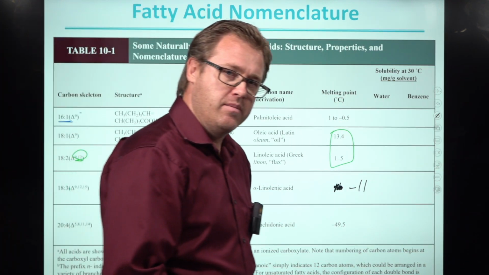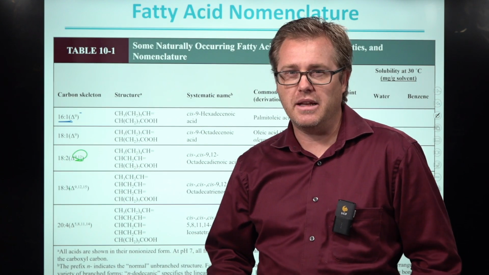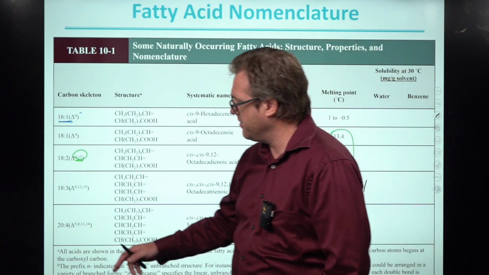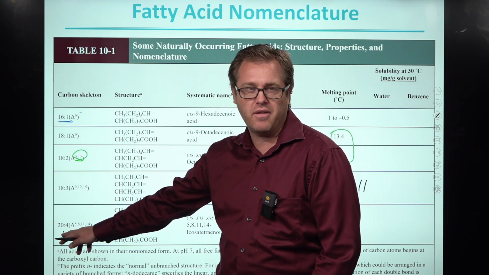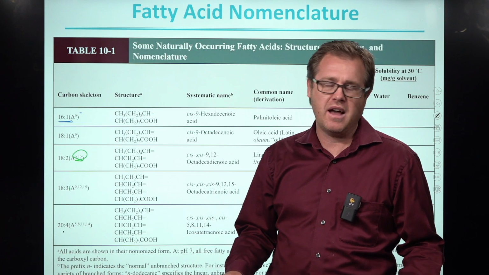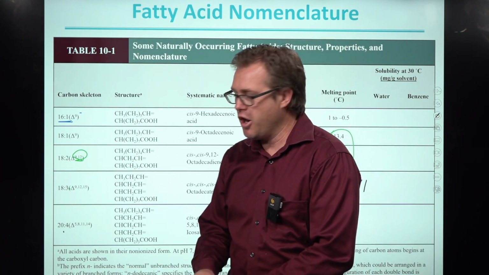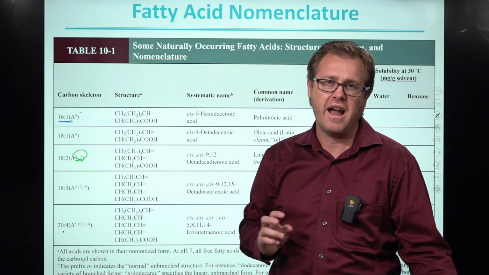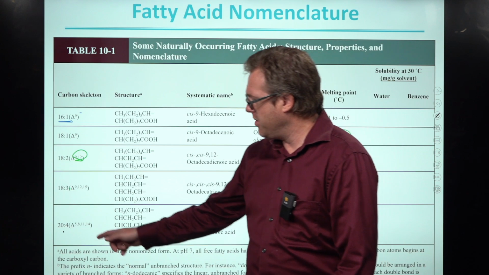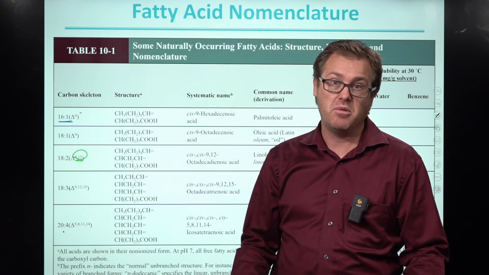Now, the harder comparison that you'd make is, what if you compared 18 with 3 double bonds to 20 with 4? Which one's going to have the higher melting point? You could argue, hey, this one has 20 carbons compared to 18, so that should have a higher melting point, but it also has one additional double bond.